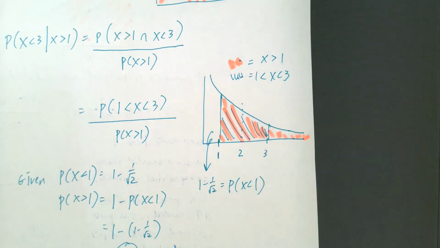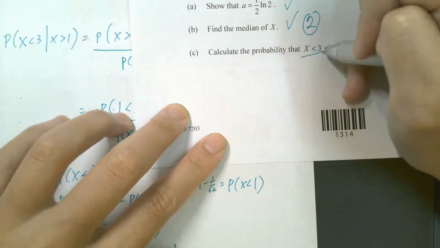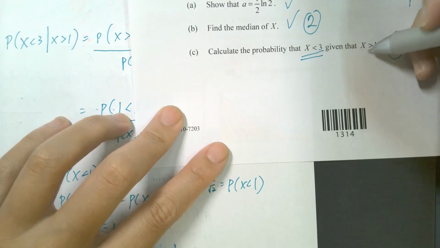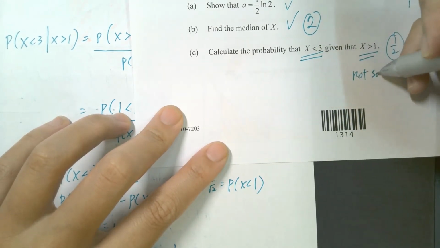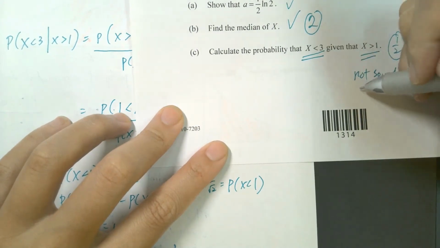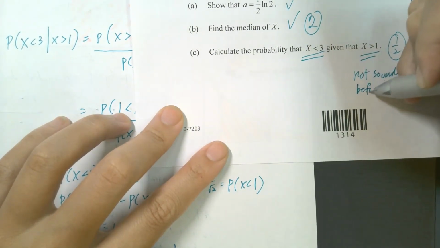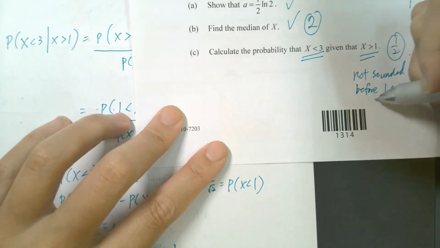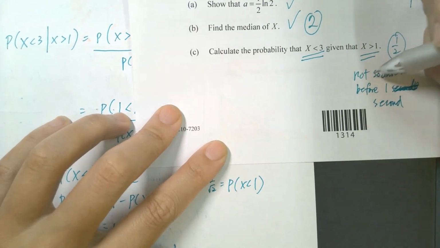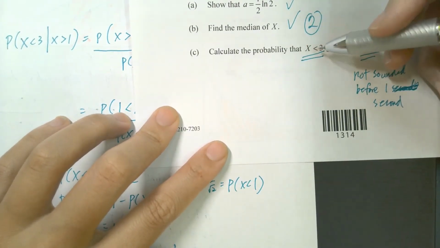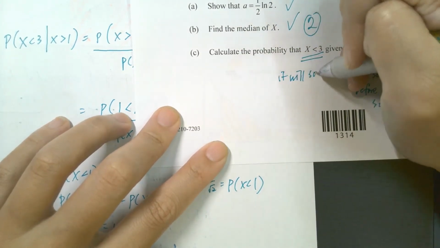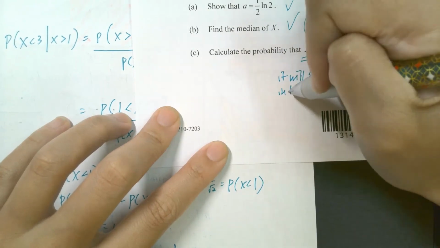If you take a look at this problem, it means that if we translate this, given that it has not sounded before 1 second, what's the probability that it will sound in the next 2 seconds?